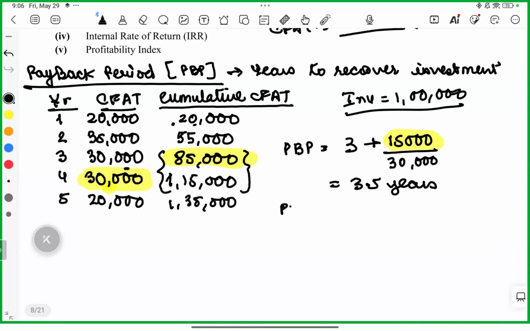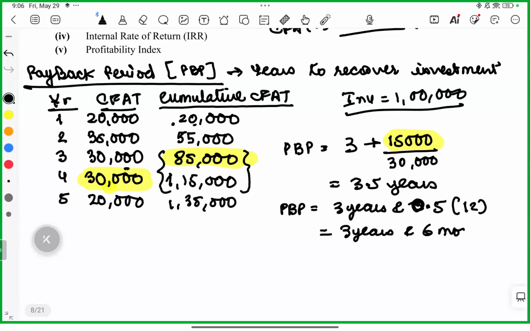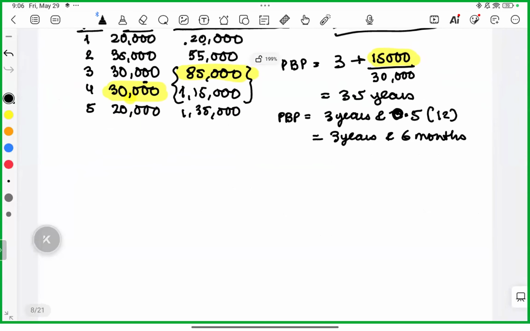You can also write payback period is equal to 3 years and 0.5 years. Instead of 0.5, you can write 0.5 into 12, which is 3 years and 6 months, if you want to convert it into months. Otherwise 3.5 is also fine. Okay. Now, whether you should make this investment or not.